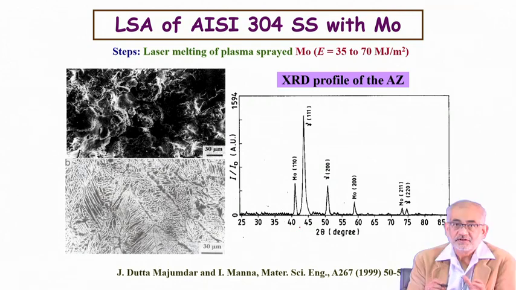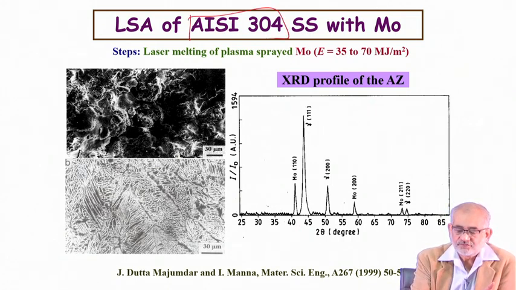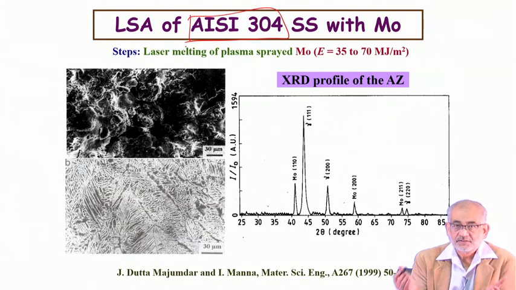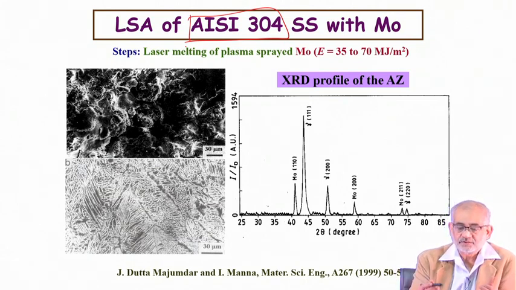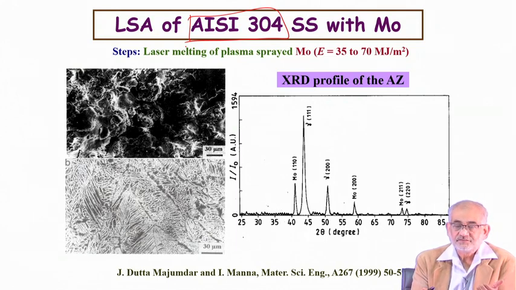We are all aware of stainless steel, and AISI 304 is a standard austenitic stainless steel. Bulk of the uses of stainless steel is of this particular grade, which has a certain amount of chromium and nickel. We are all aware that stainless steel, when exposed to atmosphere, immediately forms a chromium oxide layer which is impervious to further oxidation on the surface.